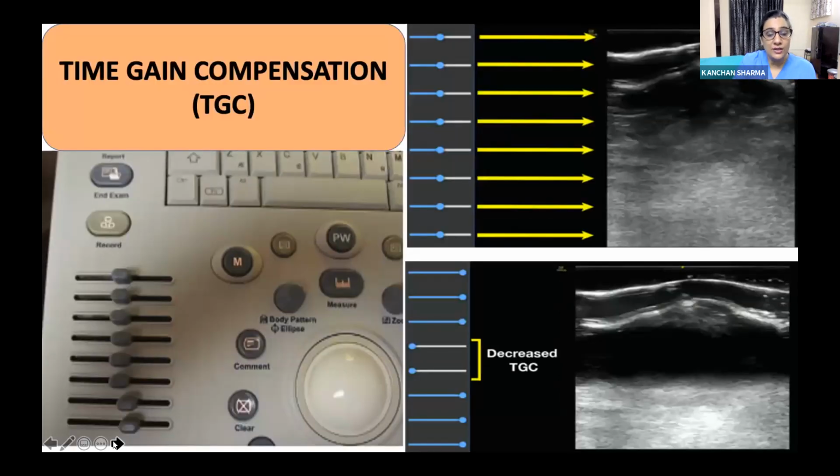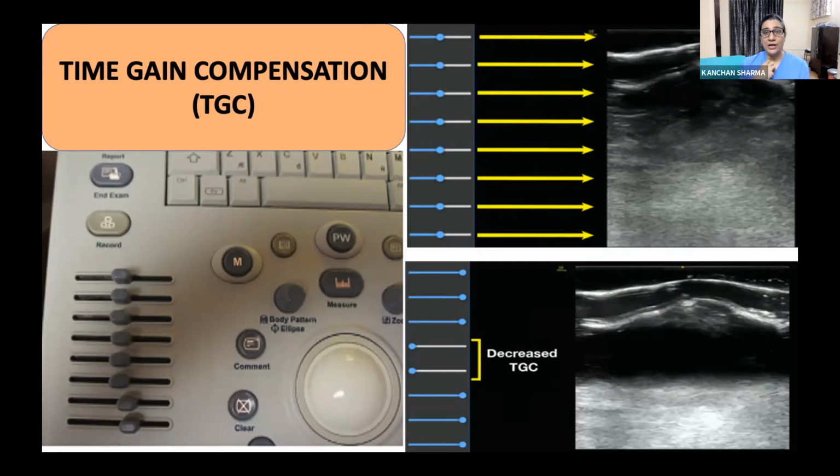Okay. Now there is something called TGC. TGC is time gain compensation. If we change the gain button, the whole image changes. We are going to make the whole image look hyperechoic or hypoechoic, right? But with this feature, TGC, time gain compensation, I will be able to make the structure hyper or hypo at a particular depth.